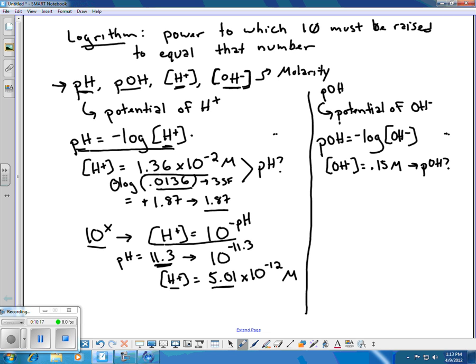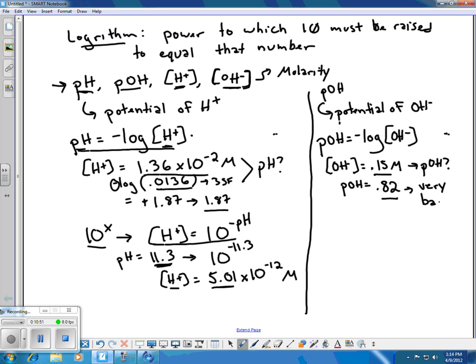So you go to your calculator, and remember, it's the negative log of 0.15, which would give us a pOH value of 0.83. Oops, sorry, 0.82. And again, I keep two significant figures here because I have 2 in my initial answer. So that 0.82 actually means that this thing is very basic.